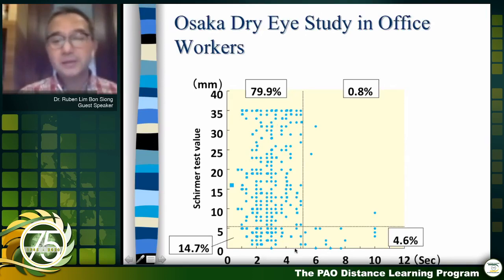So they put the cutoff at 5 seconds, because all of these abnormal patients are below 5 seconds.